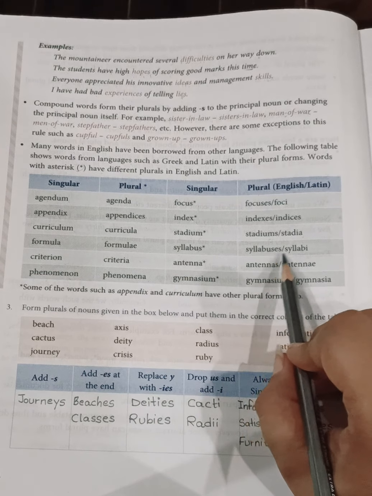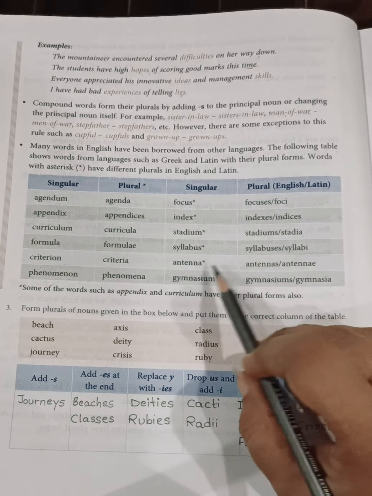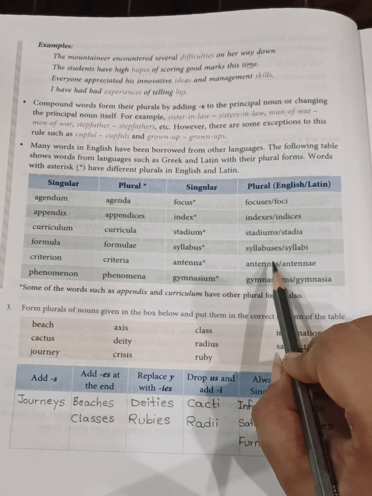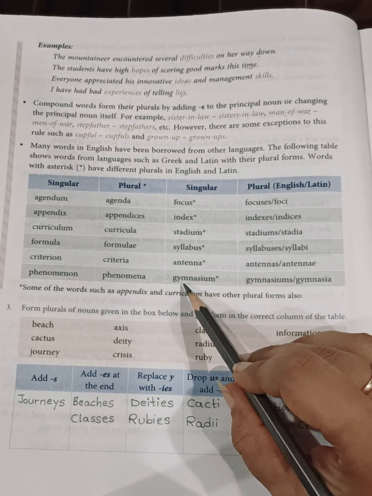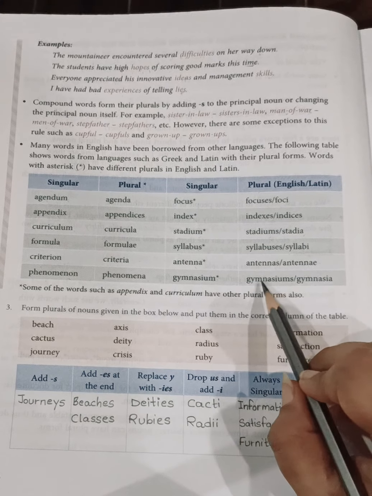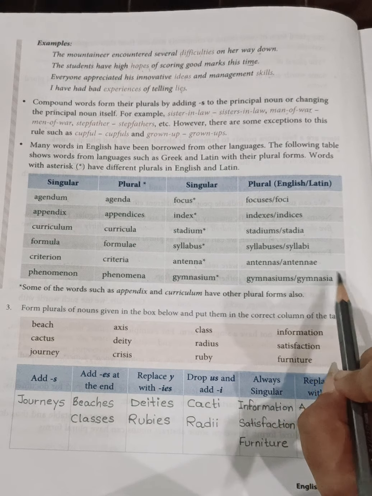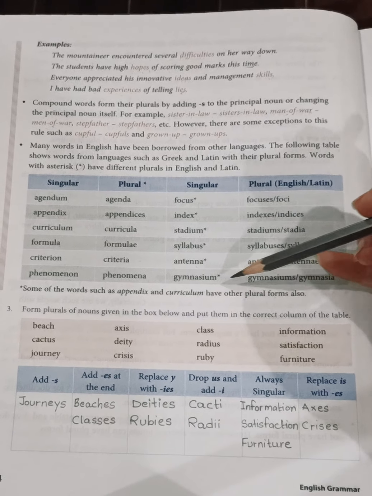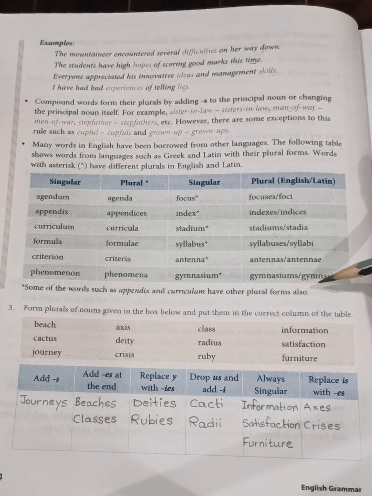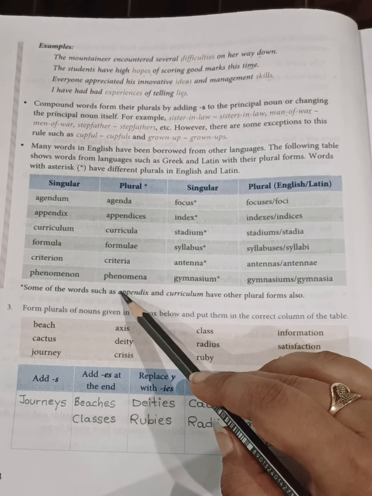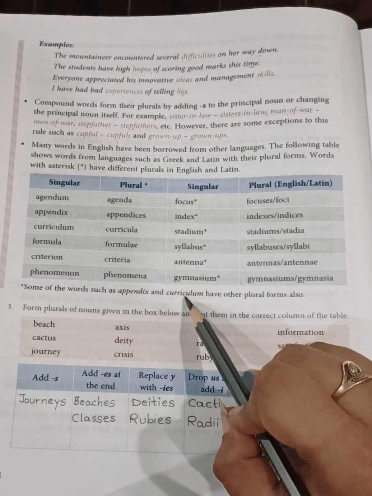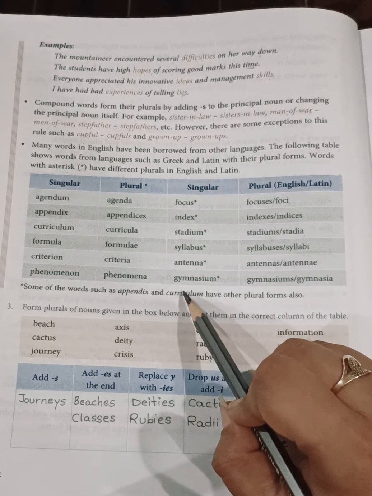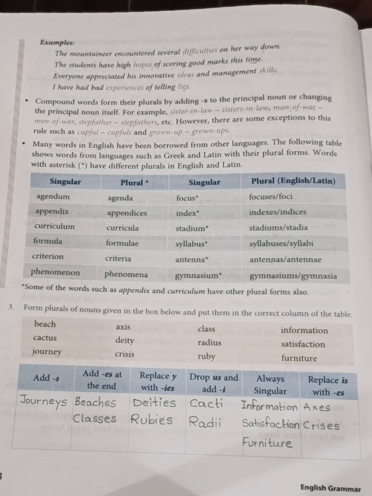Syllabus, syllabuses or syllabi. Antenna, antennas or antennae. Gymnasium, gymnasiums or gymnasia. So some of the words such as appendix and curriculum have other plural forms also. These words have different plural forms also.